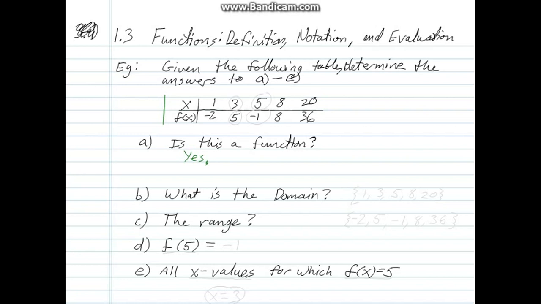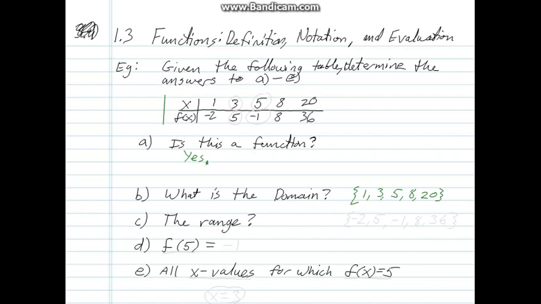So then the question is, what is the domain and the range of this function? Now, in the case of a table like this, the most that we can say in terms of what we're allowed to plug in, what inputs are available to this function, is the inputs that are provided. So I would say that the domain is the set 1, 3, 5, 8, and 20.